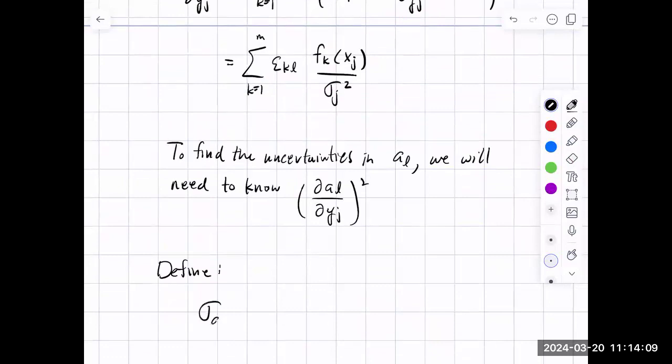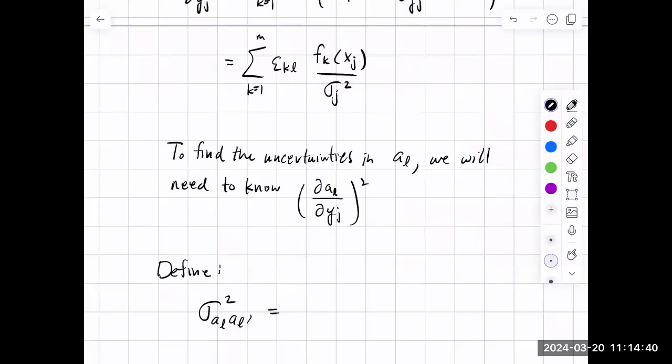It's going to be sigma AL prime squared. And it's going to involve the product of this partial derivative. This should be a subscript. That doesn't look good, so this is a little subscript. So it'll involve the product of this partial derivative with the partial derivative of AL prime with respect to, say, Y and some other subscript.